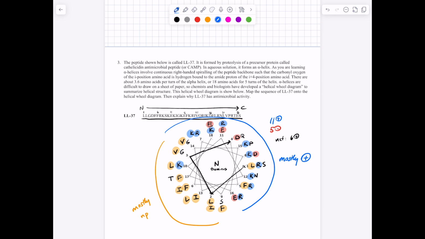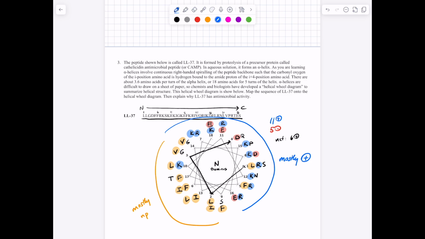Now, if I were going to be a jerk, I could say draw a perfect 18-pointed star, which this is, and then figure out the right way to number around it, 1, 2, 3 to 18, and then draw a sequence around it, and then decide whether the sequence is antimicrobial or not by whether it puts mostly plus charges on one side and mostly nonpolar on the other.